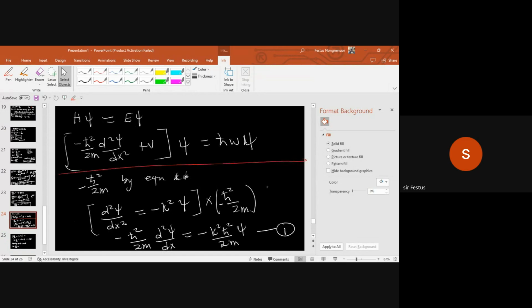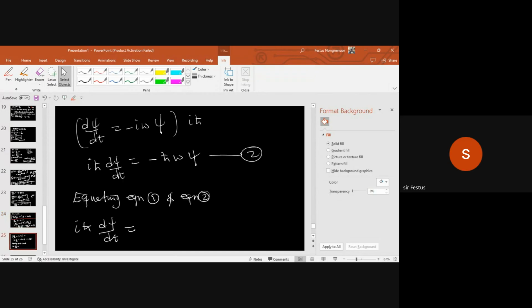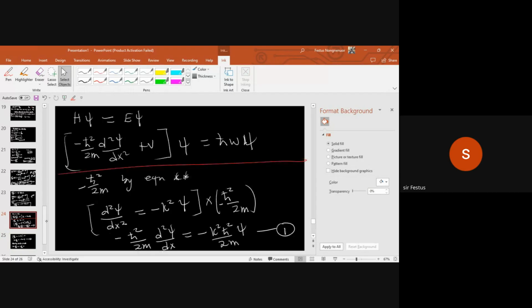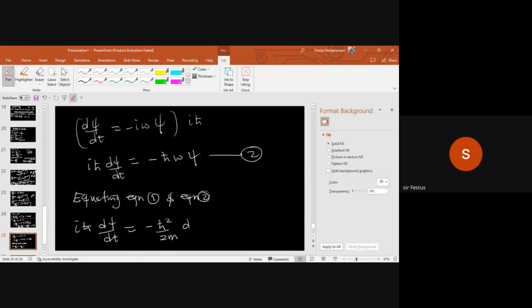That will be minus h squared on 2m, then we now have the square psi on the x square.